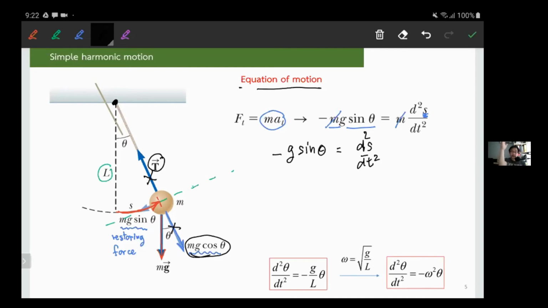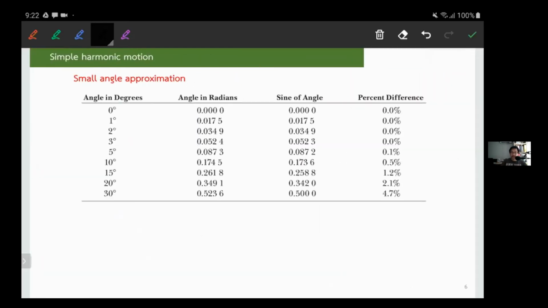We assume that the angle of movement must be small. Remember, you had some restriction like this before? The motion must be within small angle. The point of small angle is you can make some approximation when the angle is so small.